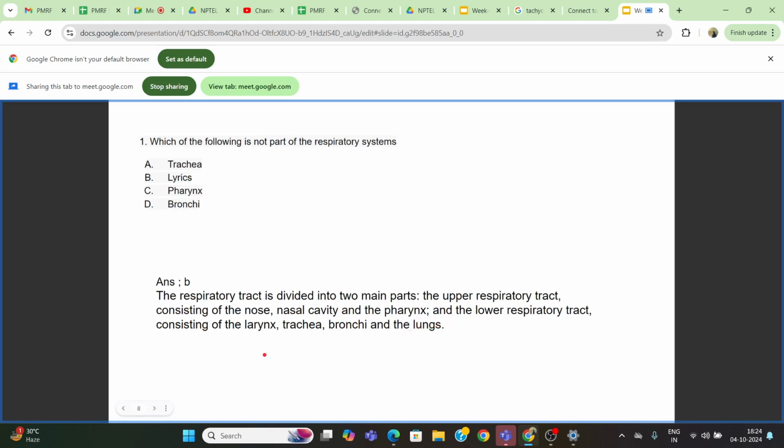So just remember: the nasal cavity and pharynx are the upper part. The pharynx is just the ending of our nasal cavity, and it is the structure just above the larynx. These are two flip-flop structures that regulate the function together. Then larynx, trachea, bronchi, and lungs are the lower respiratory tract.